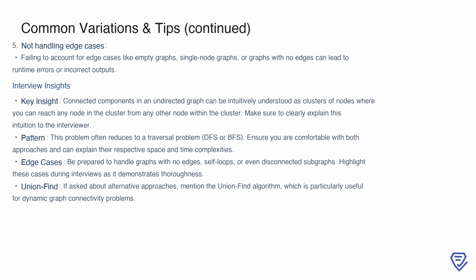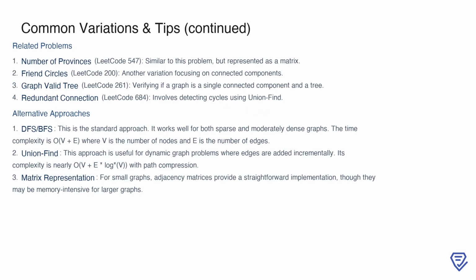If asked about alternative methods, you can mention the union find algorithm, which is particularly powerful for dynamic graph problems, such as when edges are added incrementally. This problem has many related problems that are worth exploring. For example, the number of provinces problem, also known as LeetCode 547, is similar but uses a matrix representation instead of an adjacency list.